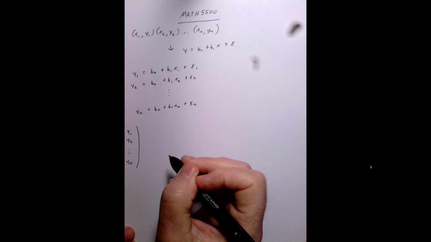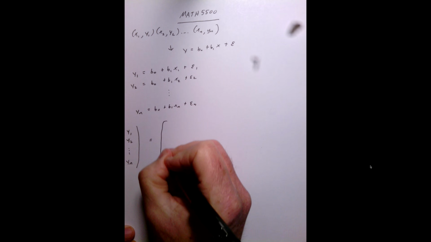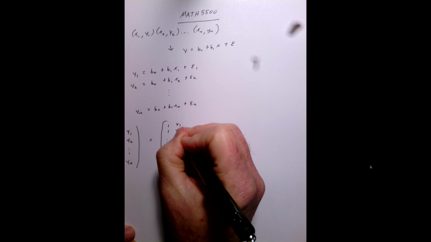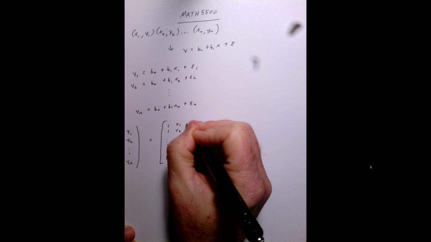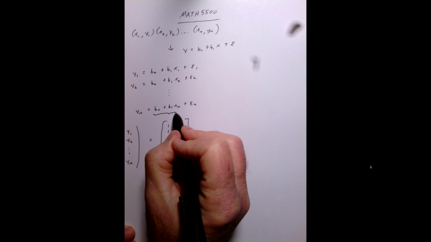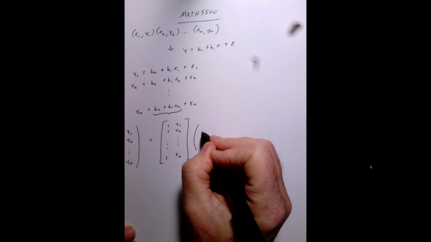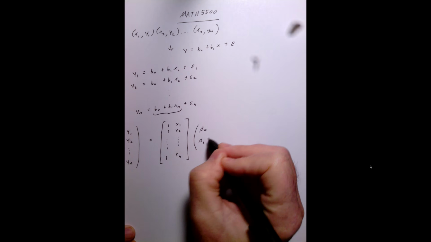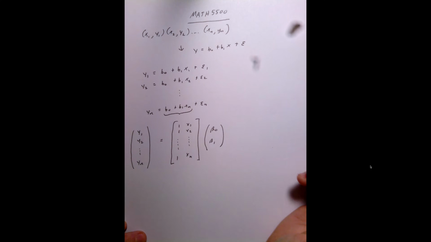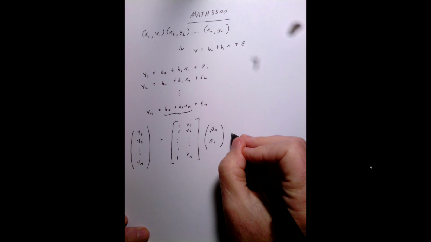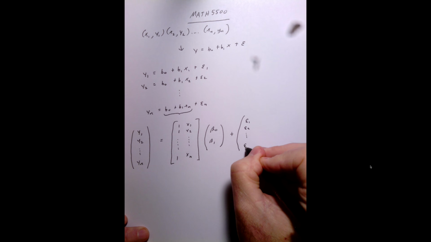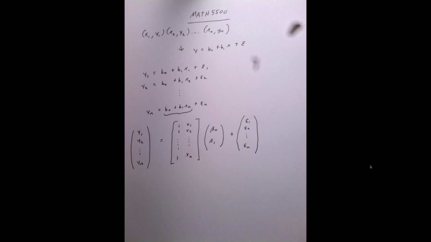as a column vector. We saw previously that this part can be expressed like this. Sorry about that. And the error terms can be expressed as a column vector.